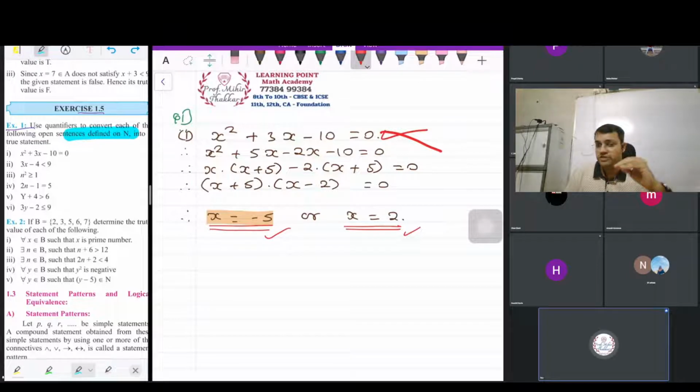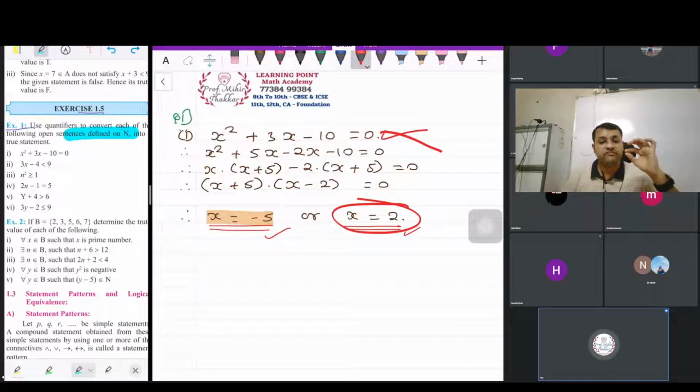All the natural numbers will not satisfy this quadratic equation. In fact, there is only one natural number, x equal to 2, which is satisfying it. None of the other natural numbers are going to satisfy this quadratic equation.